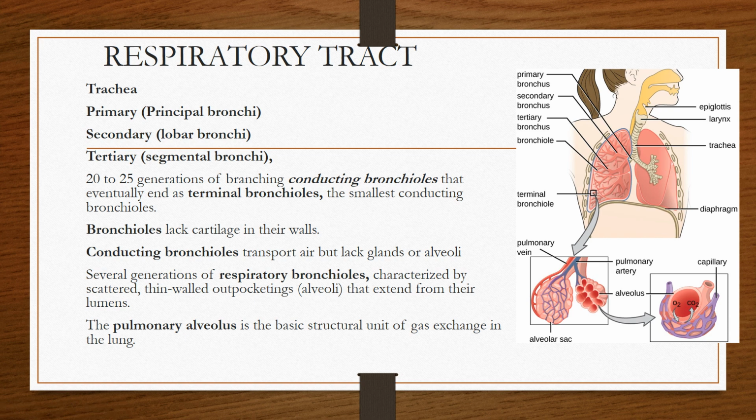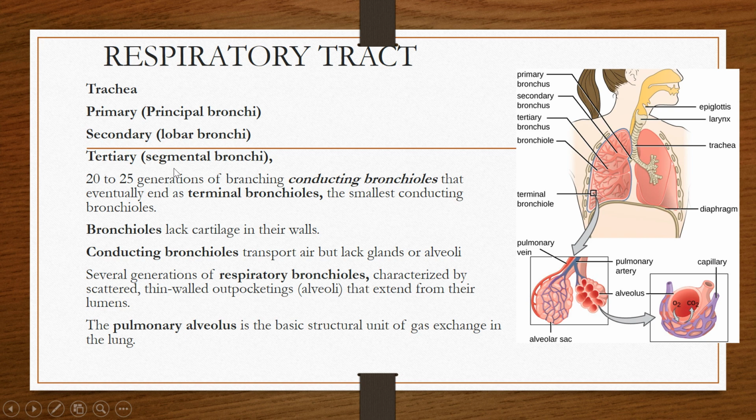Then each secondary bronchus on the right side and the left side will divide according to the number of the bronchopulmonary segments. That's why they are called tertiary bronchi or the segmental bronchi. So there are 10 tertiary bronchi on the right side and 10 tertiary bronchi on the left side.